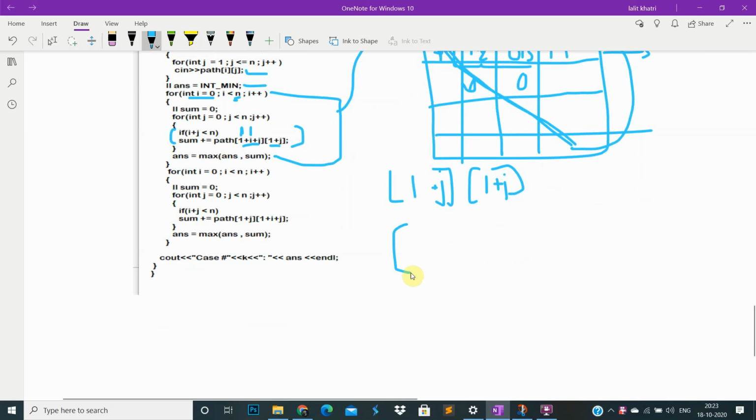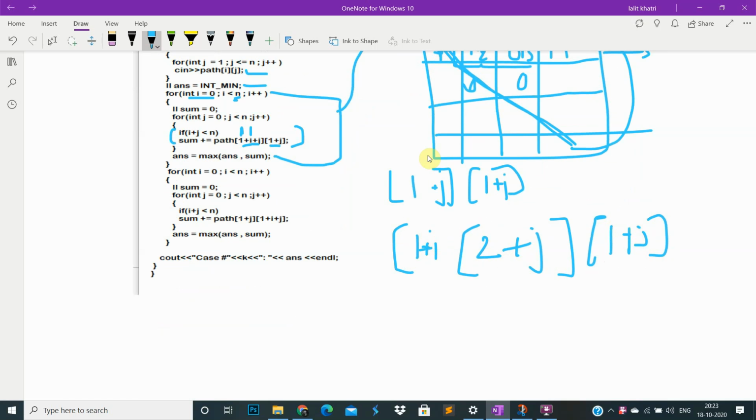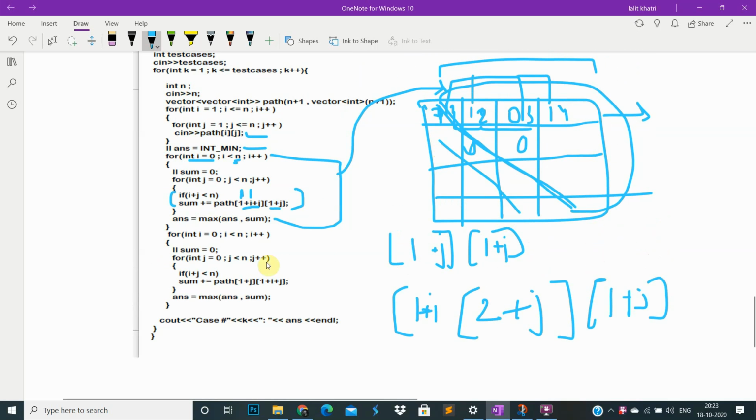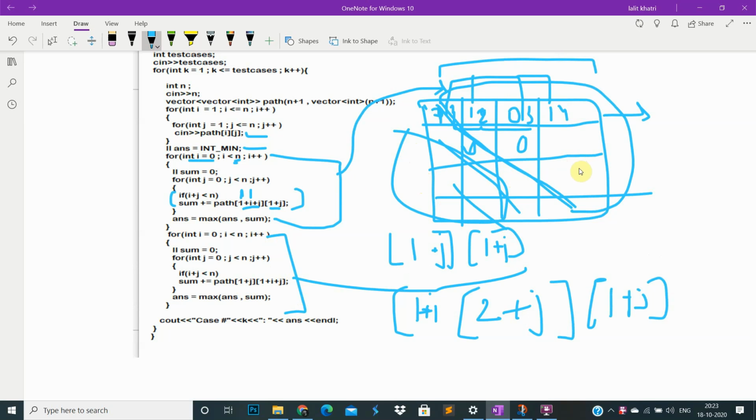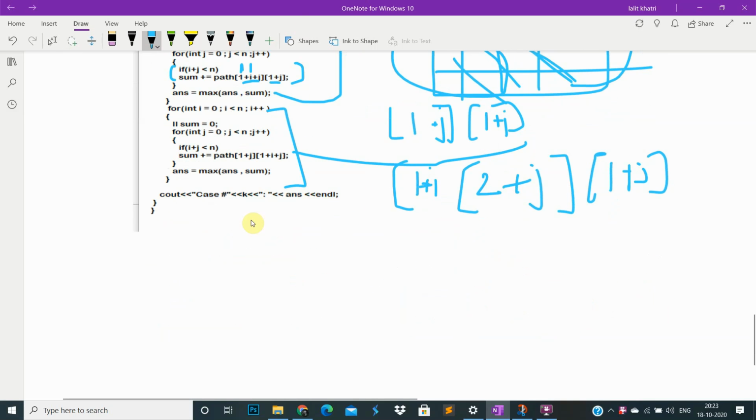Then again I will start, increase plus 1, then 2 comma 2 plus j and 1 plus j, and this will become this row. Similarly for this. This is one loop for this half, and another loop for the other half of the matrix, and at the last I will get the answer.